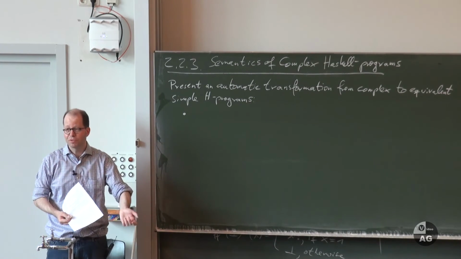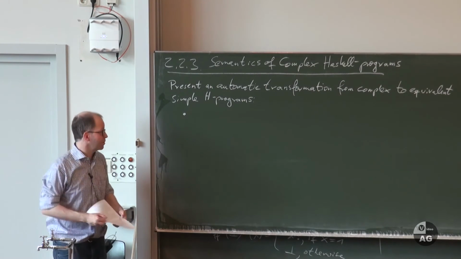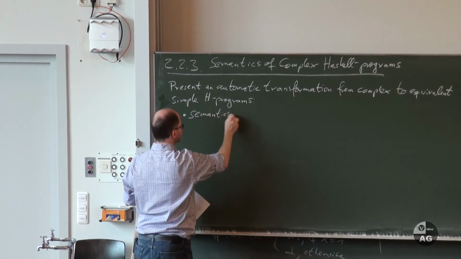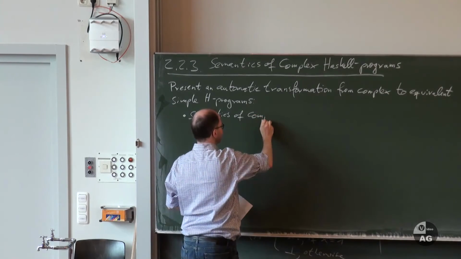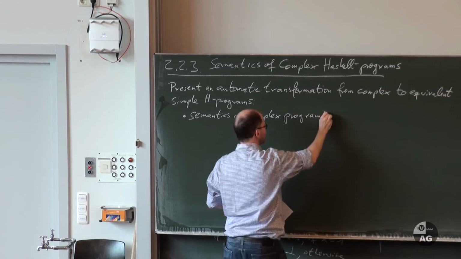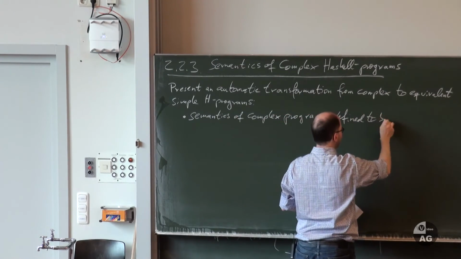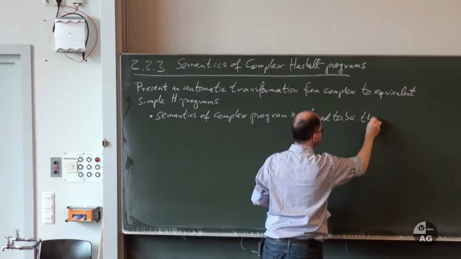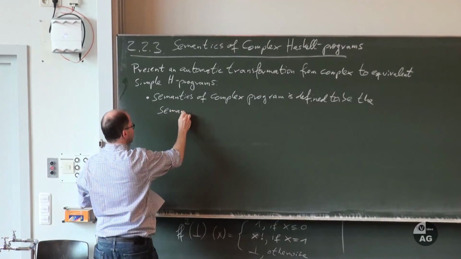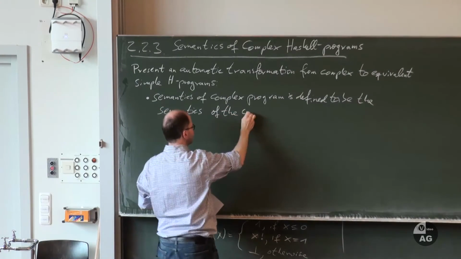So first transform it into the simple program, compute its semantics, and then you know the semantics also of the complex program. The semantics of the complex program is defined to be the semantics of the corresponding simple program.